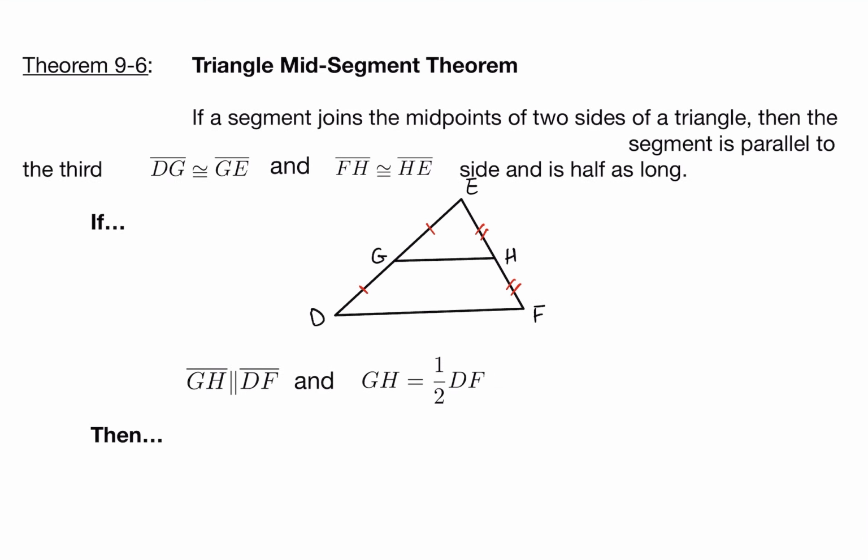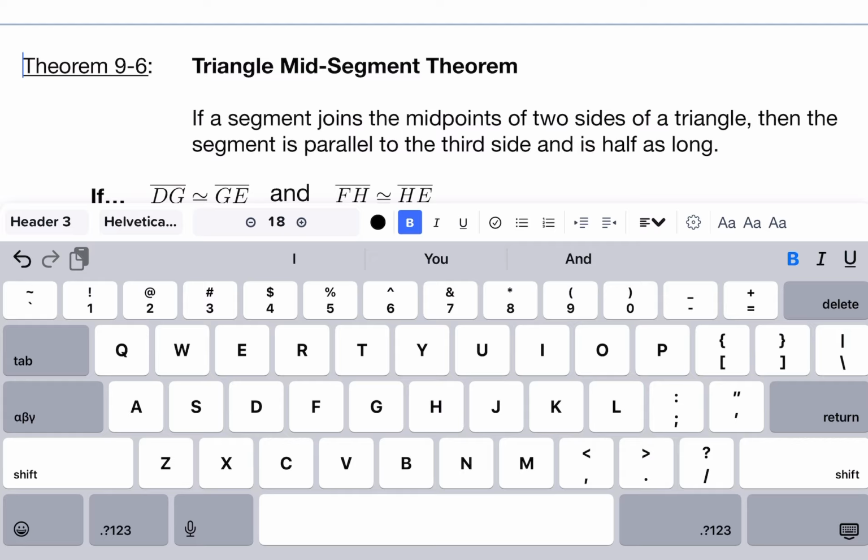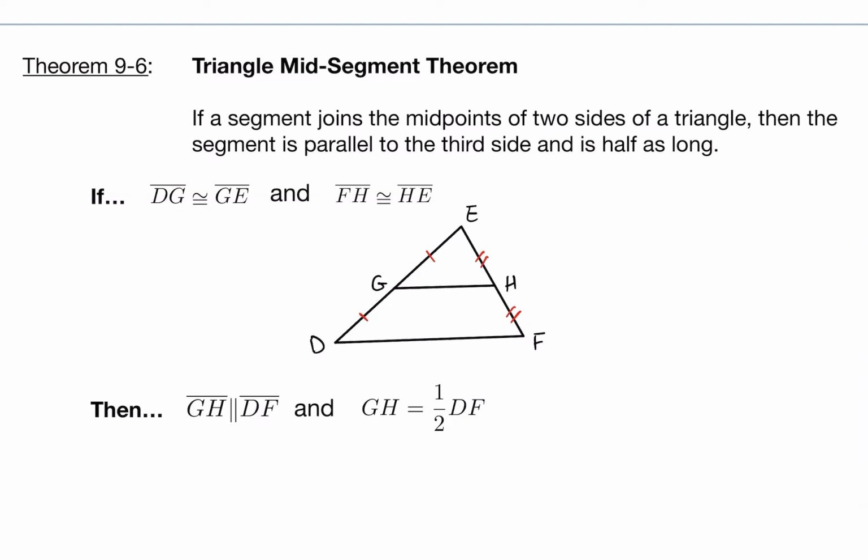This theorem says that if a segment joins the midpoints of two sides of a triangle, meaning the midpoint of this side, which is G, is joined to the midpoint of EF, which is H, then this segment is parallel to the third side, which is this, DF, and GH is half the length of DF.